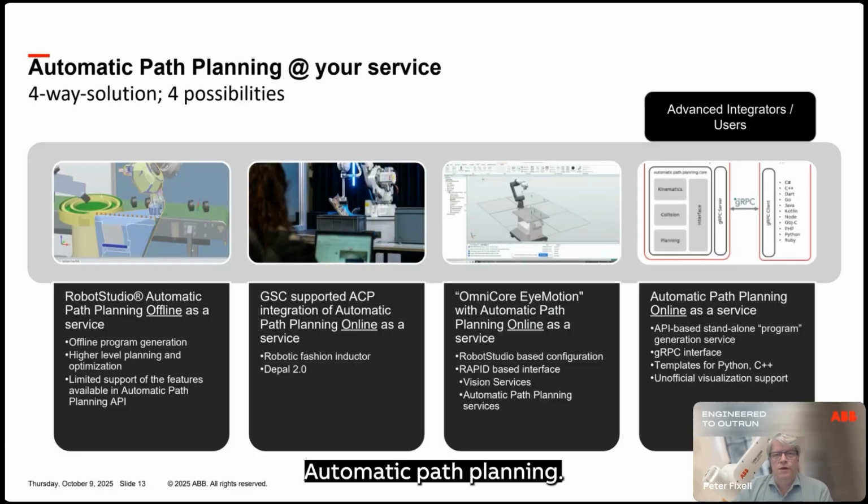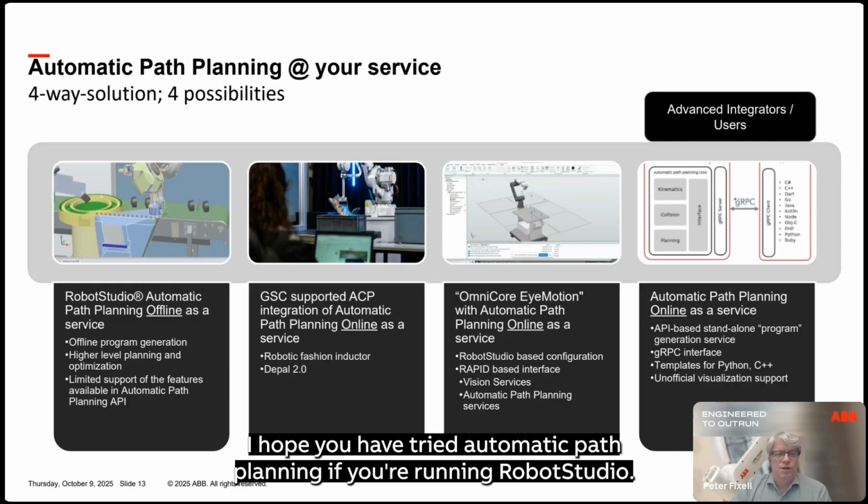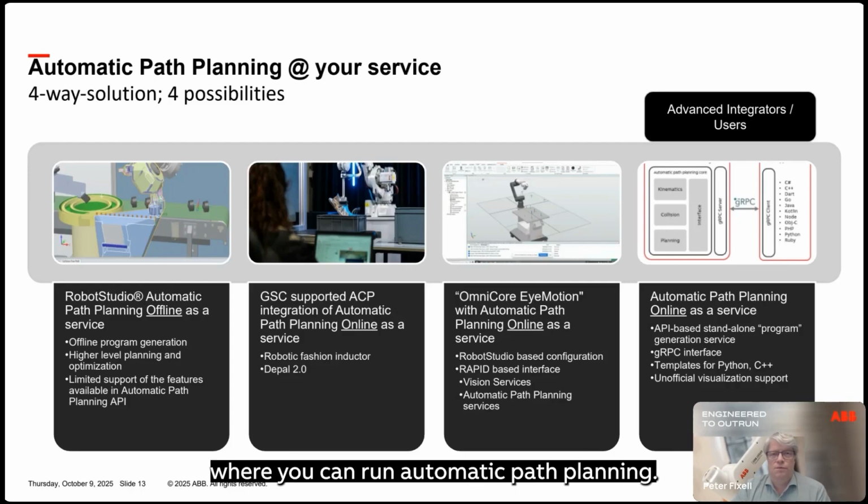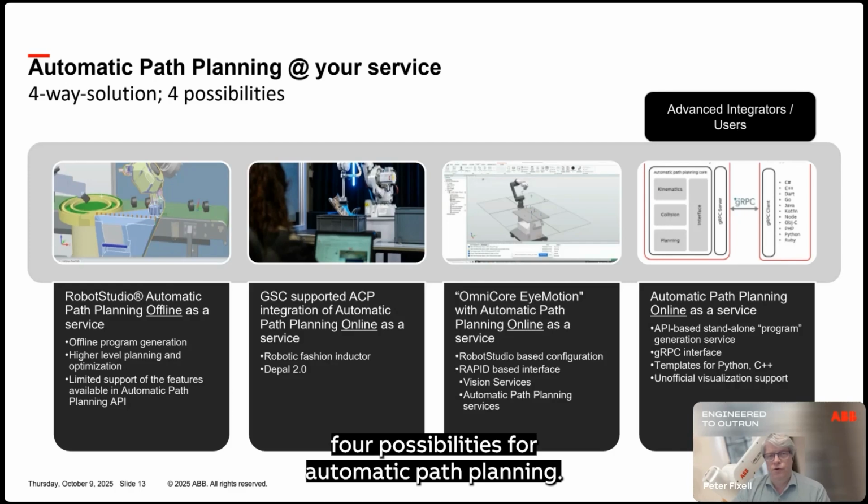Automatic path planning. I hope you have tried automatic path planning if you're running Robot Studio. So down to the left, you have Robot Studio environment where you can run automatic path planning. So this is a four-way solution for possibilities for automatic path planning.